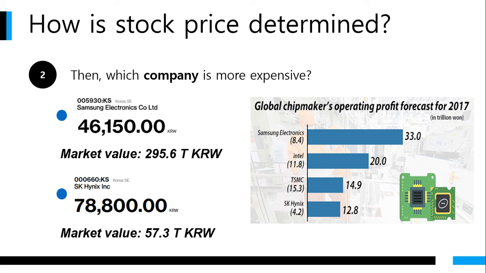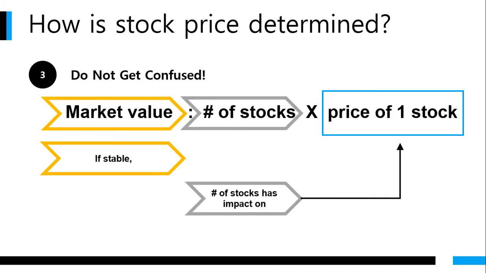The value of a company, which means market value, is determined by the number of the stocks multiplied by price of one stock. This is the formula. I think now you can understand the price differences between the two companies.